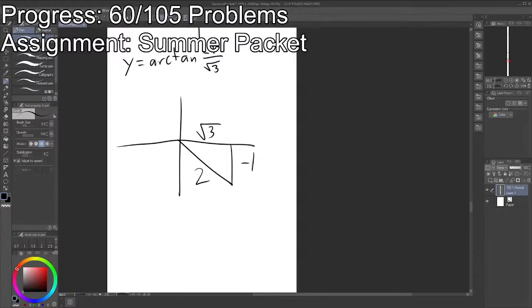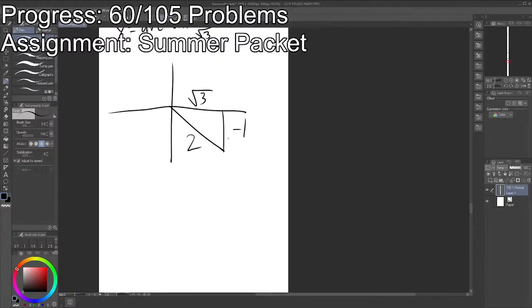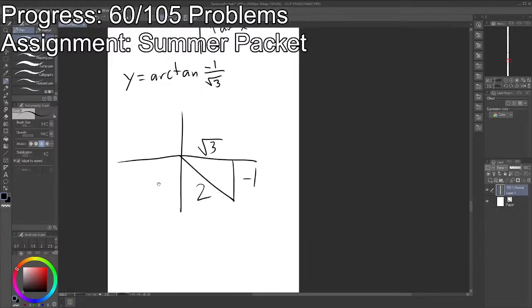And then what they do: this means the reference angle is 30 degrees, or pi over 6. So y equals pi over 6. Couldn't you just plug this into the calculator, like literally what I was doing?